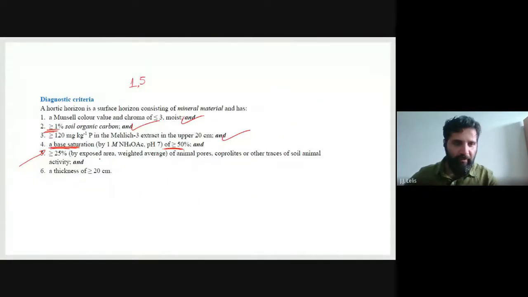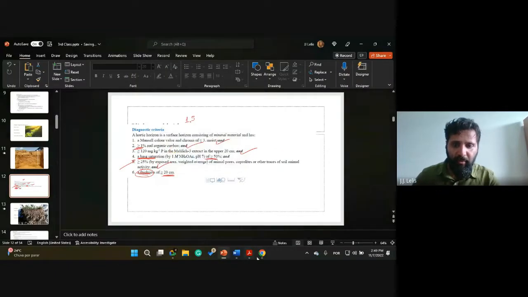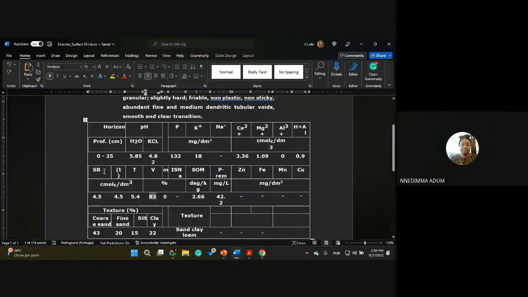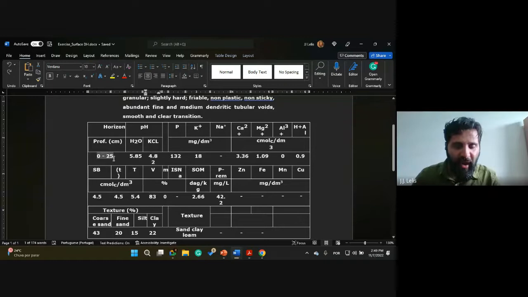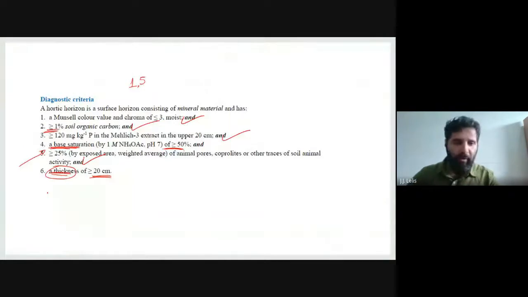So again, checked. And we should present a thickness of at least 20 centimeters. And we have a soil horizon that presents 25 centimeters. So our horizon is following all the criteria to identify an anthric horizon.